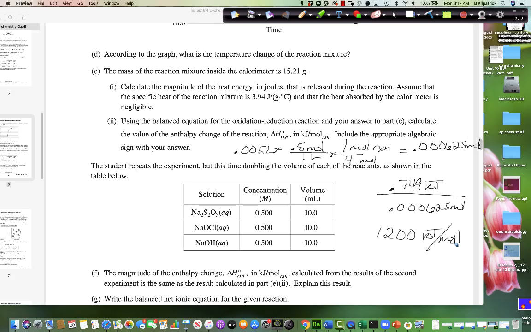The temperature did go up. We measured the temperature change, and that's the water in the solution. So if the water absorbs energy, this has to release it. It's negative. There is a point in the score guidelines that says that you need to have that negative sign to get the second point.